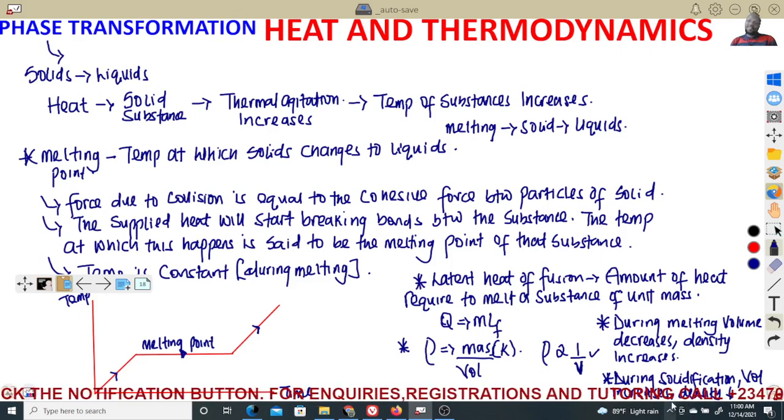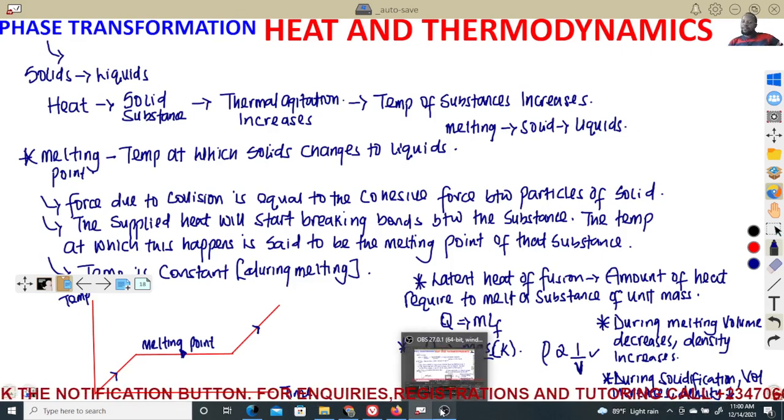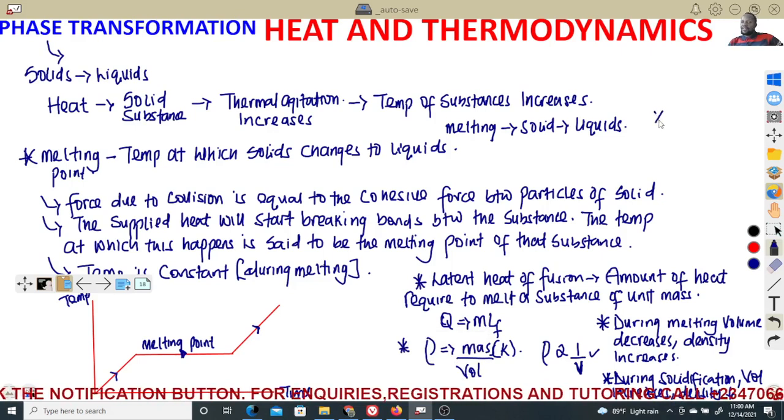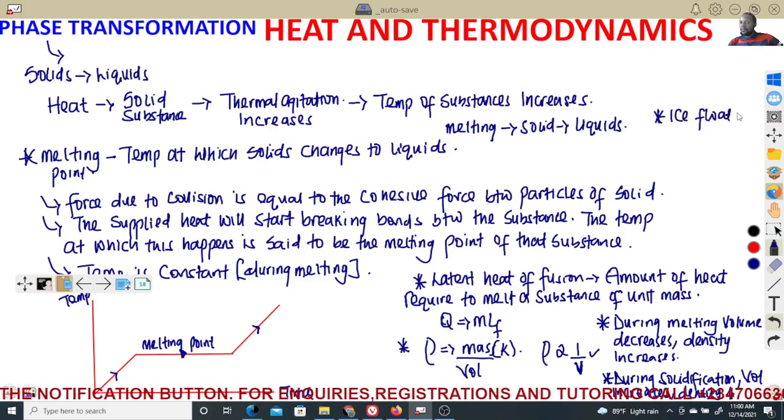Arrow facing down means decreases. So in fact, that is the major reason whereby ice floats on water. Keep that in mind. And that explains the reason why ice floats on water.